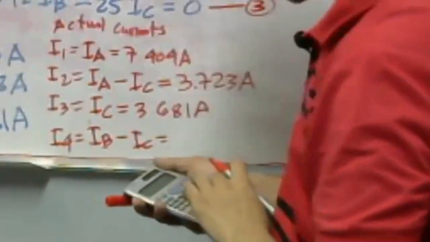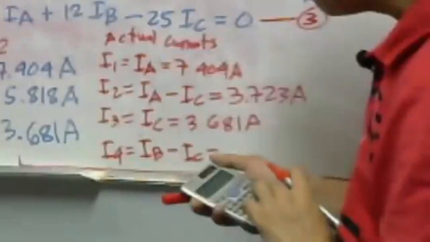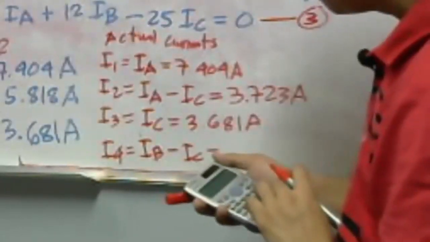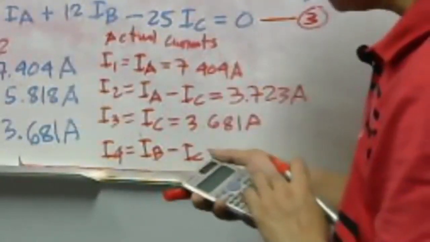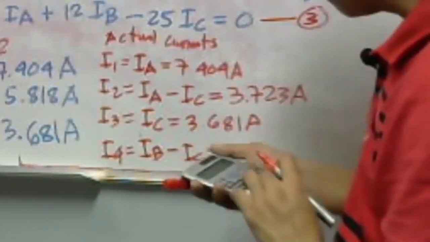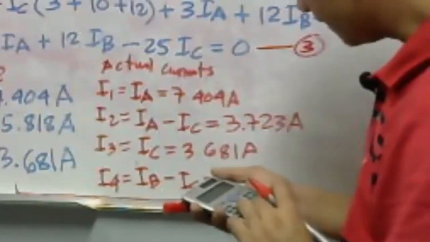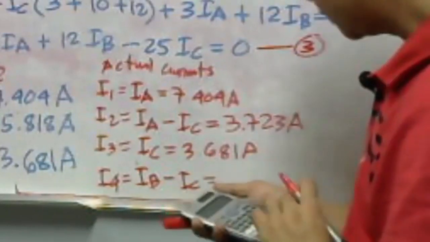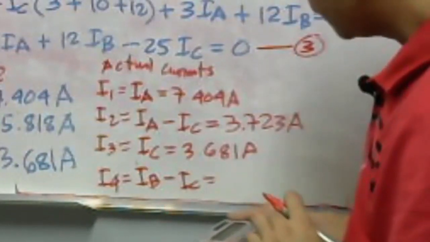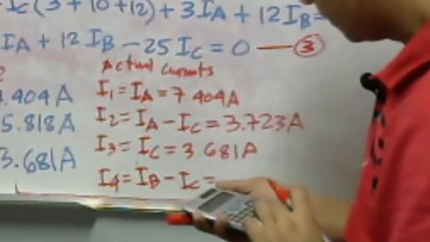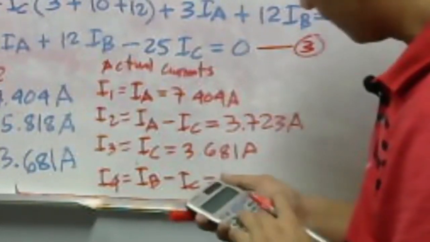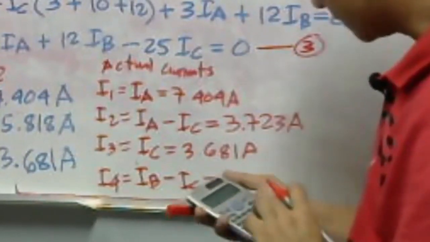So, what is our I sub B? Our I sub B is 5.818 minus I sub C, 3.681, equals.